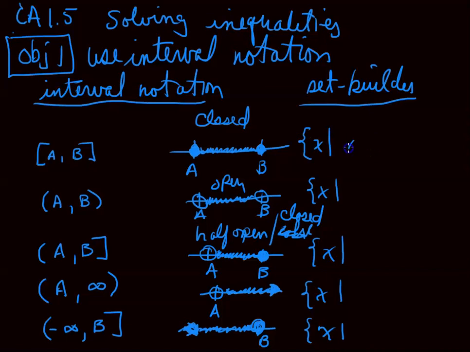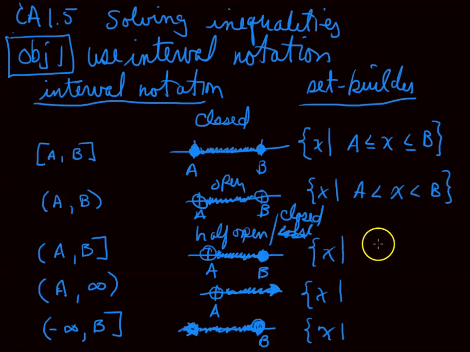For this one, it is A less than or equal to x less than or equal to B, because x is greater than or equal to A, but also less than or equal to B. Here you've got A, but now it's strictly less than because it's not equal to, also less than B because it's not equal to, ended with this brace.